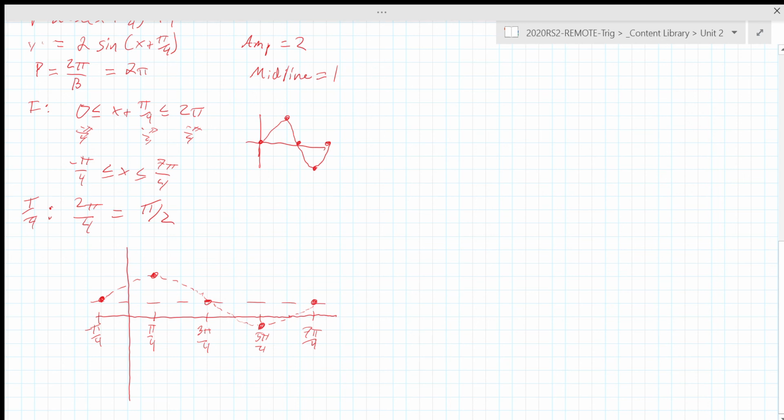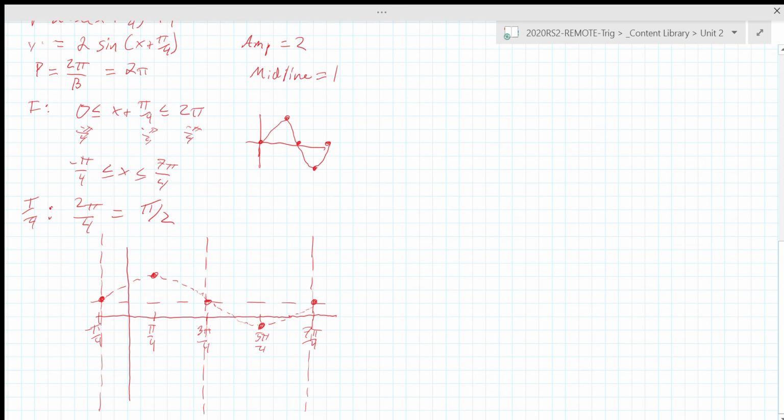And then wherever you see the sine function intersect the midline, you're going to make vertical asymptotes, vertical bars up and down. So it touches the midline right here, right here, and right here.